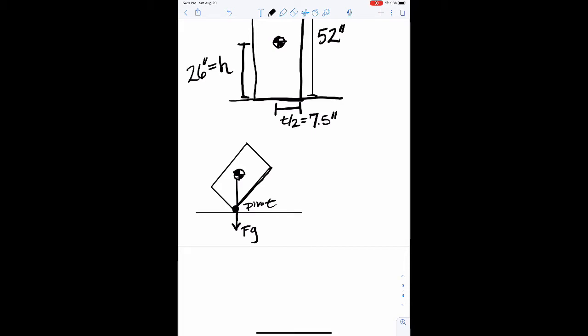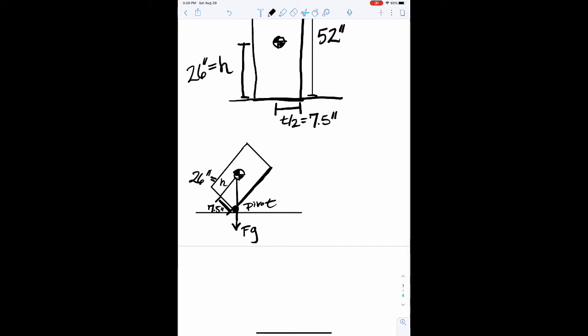Okay, so I know that's not a perfect drawing, I apologize. But we can then say that this line right here is equal to h, which we just said is 26 inches, and this distance, or half of the base, is equal to t over 2, which is 7.5 inches.